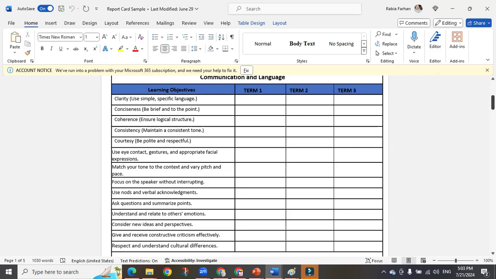But without the prime areas, there should be no learning in the classroom. If you are not judging your child for their PSED, their PD, and their CL, then I don't think there will be any learning other than that.